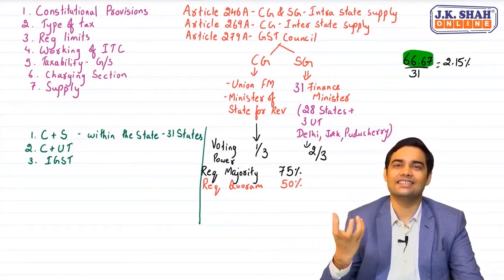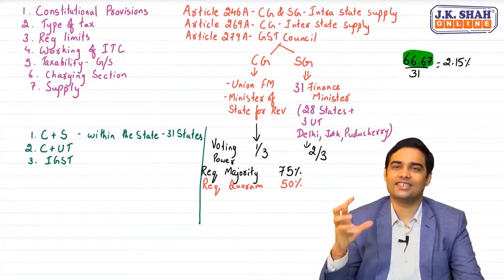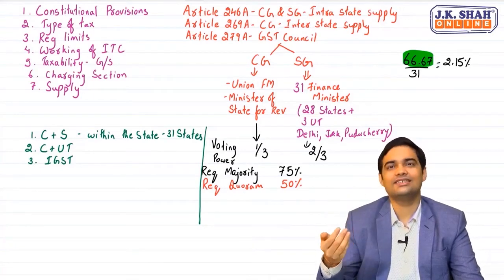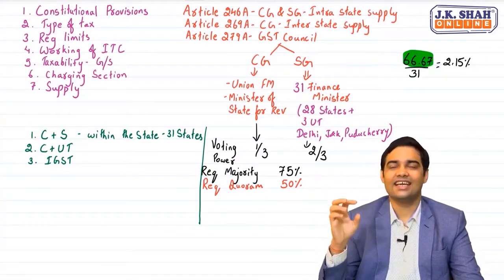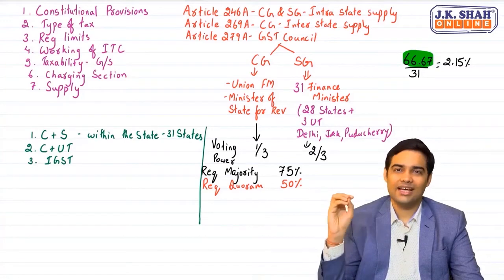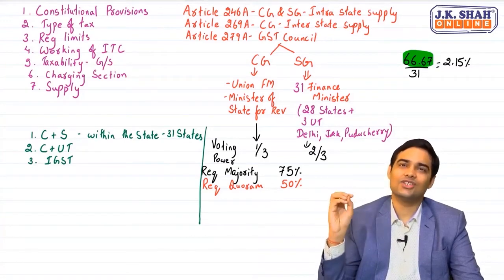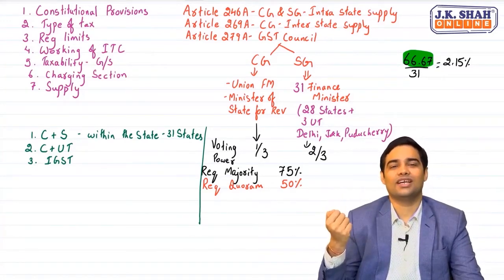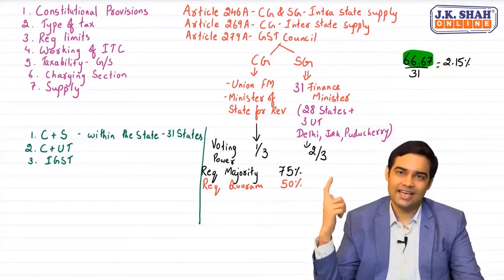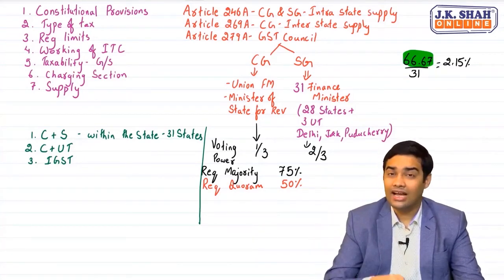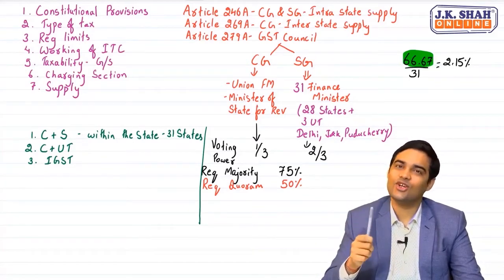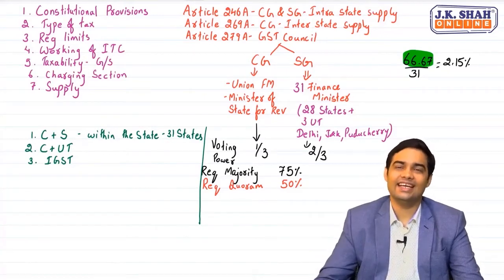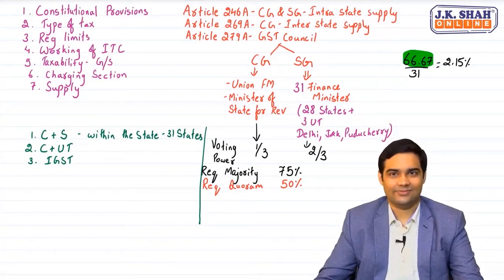Where is this consumed? Based on these two things, we decide whether it is C plus S, C plus UT or IGST. For instance, if the location of supplier is in Bangalore, consumption is also in Bangalore, then it would be a case of CGST plus SGST. Clear? Don't forget, if both of these are in Delhi, then also C plus S, because Delhi for the purpose of GST would be regarded as a state.